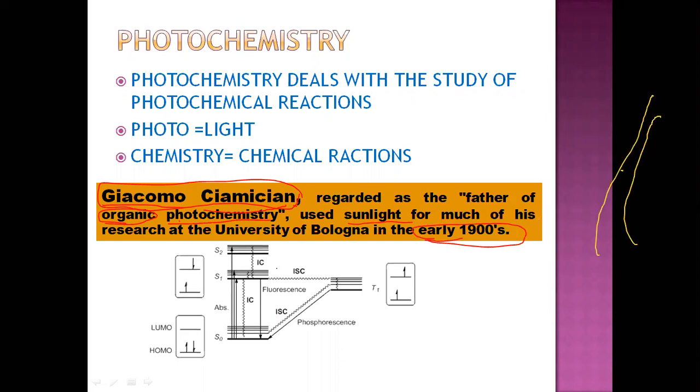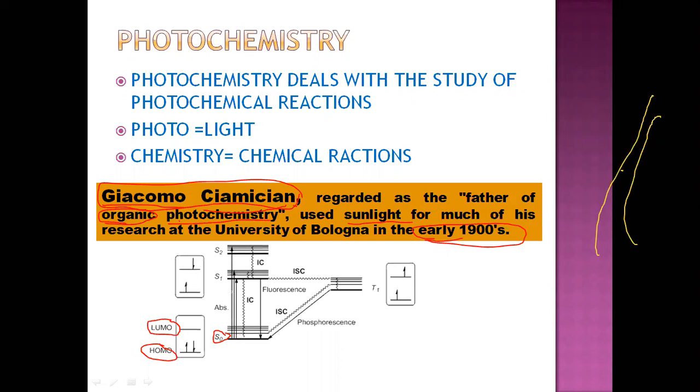So here we can see this reaction. Basically, there is a higher energy molecular orbital and a lower energy molecular orbital in every molecule, and this is the ground state. S0 is the ground state. It absorbs some energy, so due to that, the electron moves from S0 to S1.